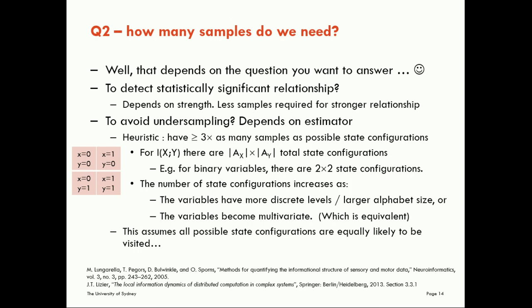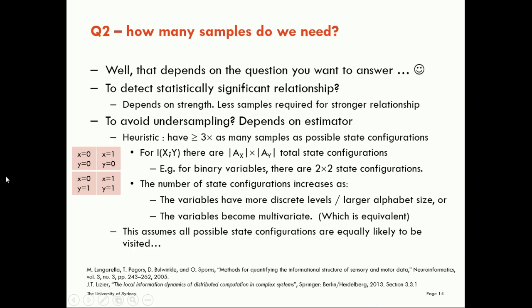Considering a mutual information between x and y, the total number of state configurations here is the state size of variable x, or the alphabet size of variable x, multiplied by the alphabet size of variable y. We can see very easily that for binary variables there are 2 by 2 state configurations, which I've drawn out in this 2 by 2 matrix here.